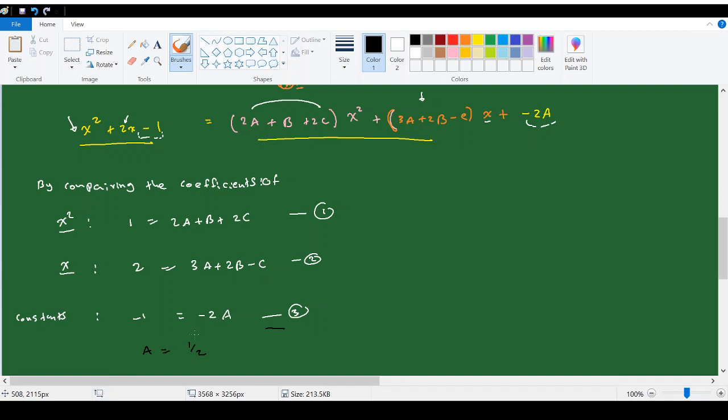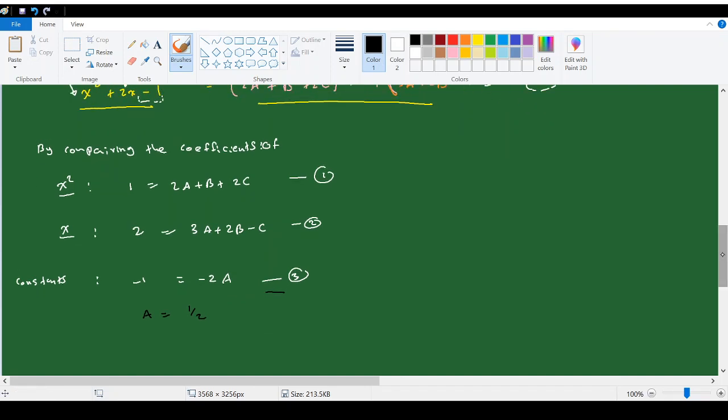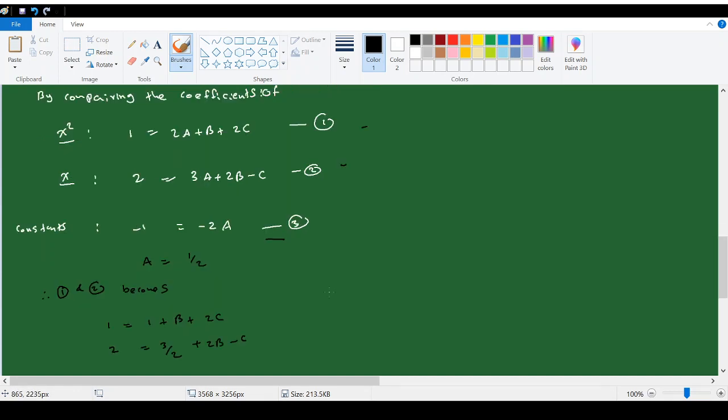Okay, and then by substituting a in equations 1 and 2, those two equations become this one, right?